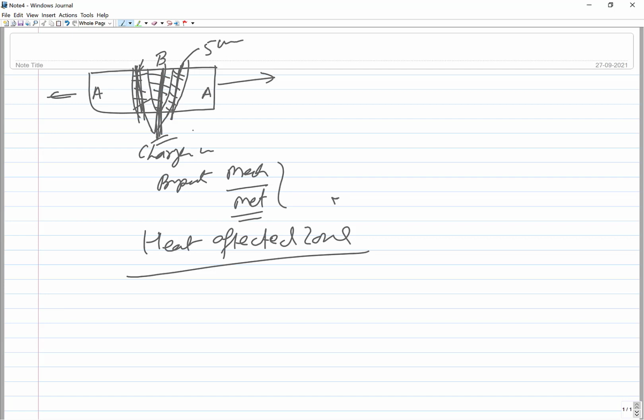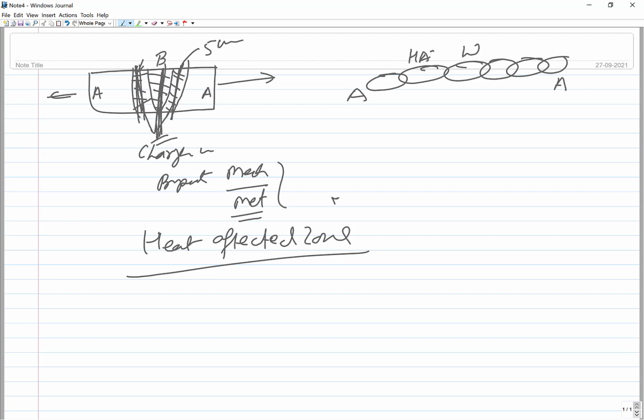So in a chain, you know, there are tens of links. Here we have A, on the other side another A, another parent metal, and somewhere you have the weld.